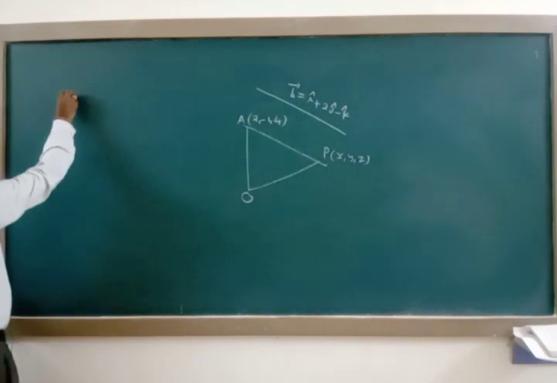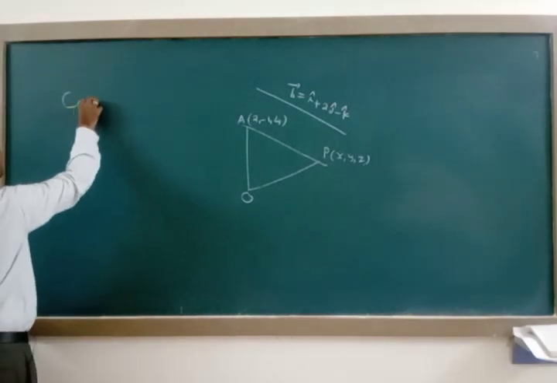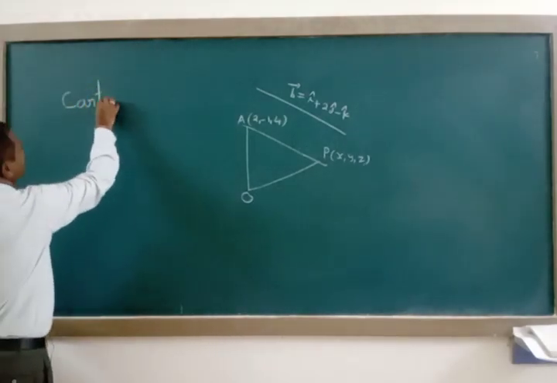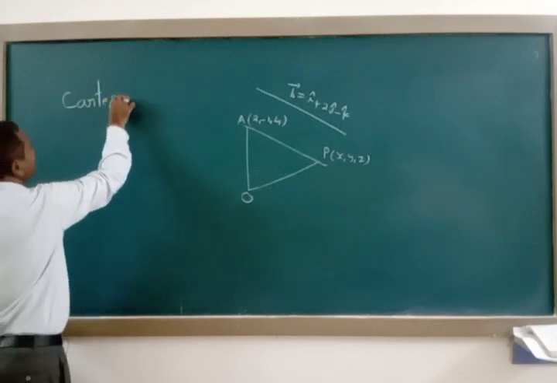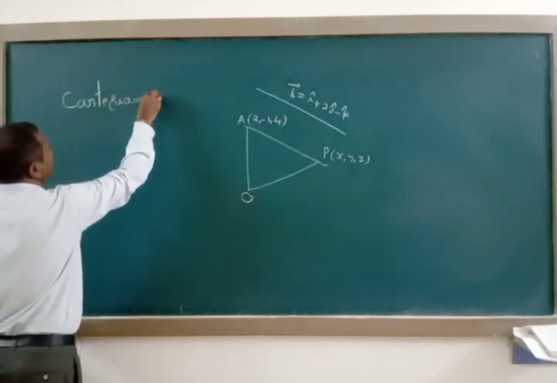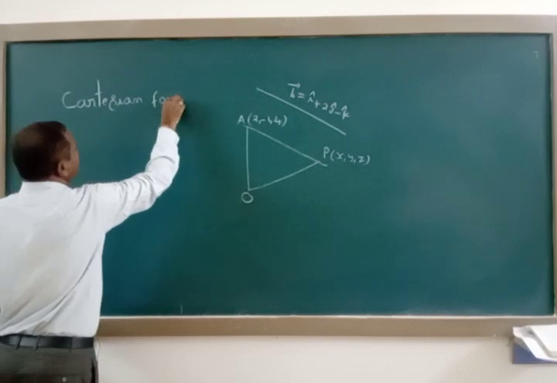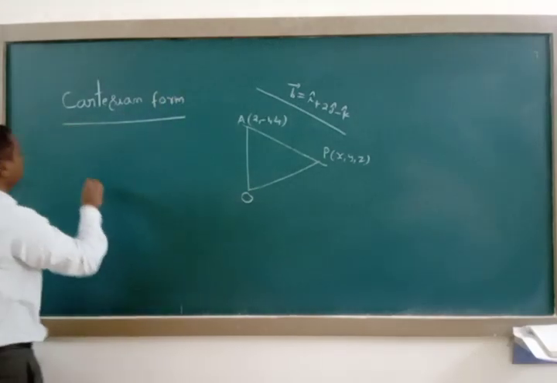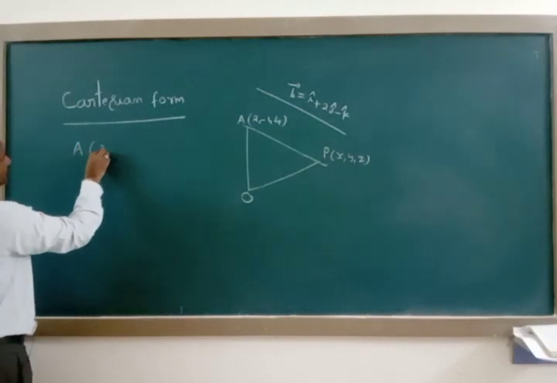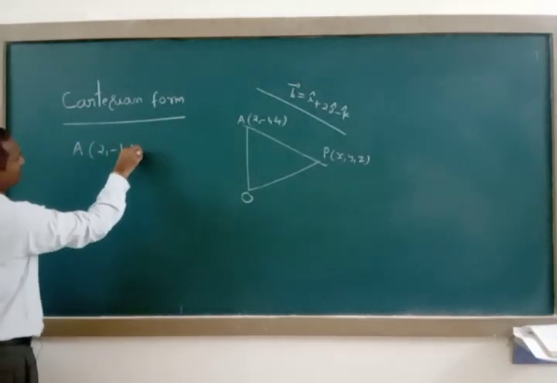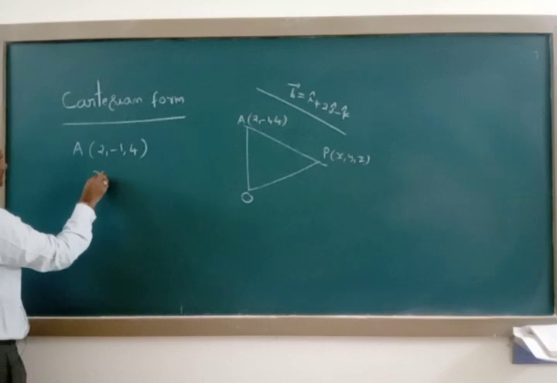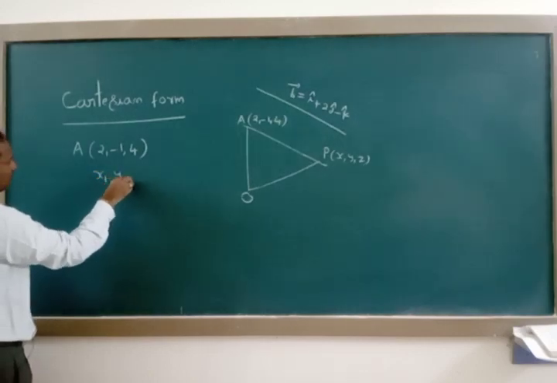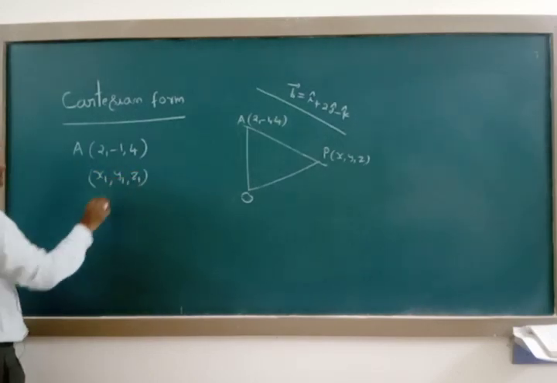See here, the Cartesian form of the equation of a straight line. Capital A is (2, minus 1, 4). We consider it as x1, y1, z1.